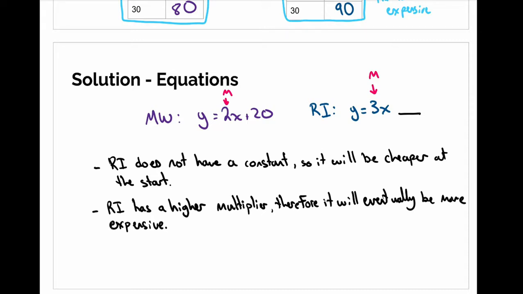So right from there, even though we don't know based on the two equations by looking at them when they're going to cost the same, we can still confirm our statement is only going to be sometimes true, because we can already tell that it will be cheaper at the start, but eventually it's going to become higher or more expensive. And again, that is enough to confirm that statement.